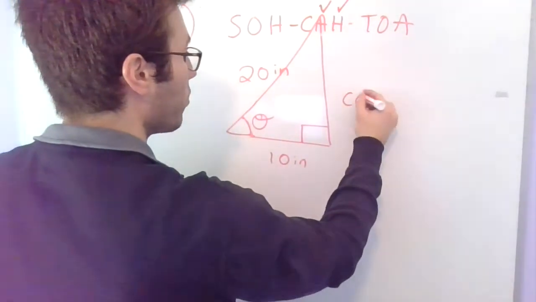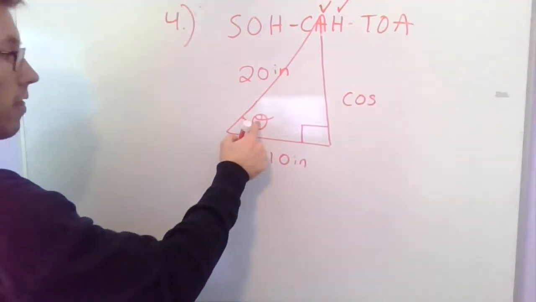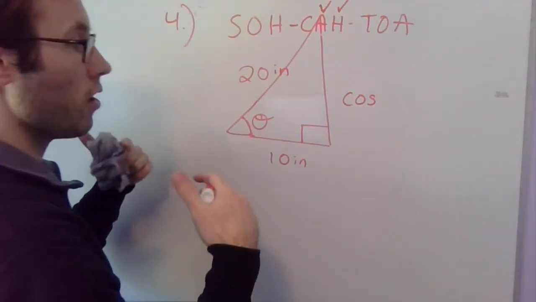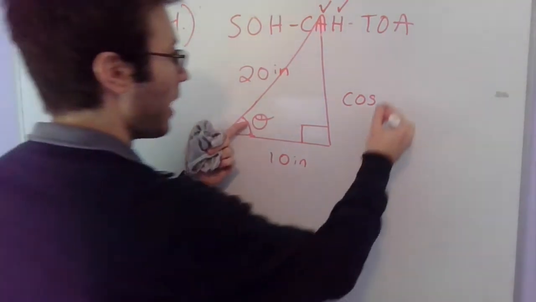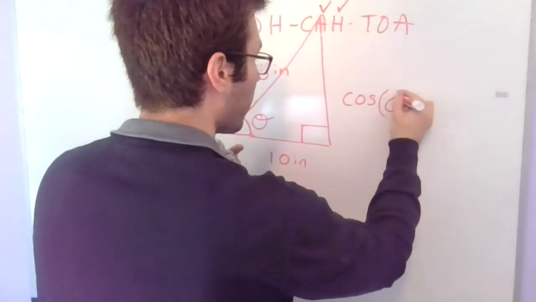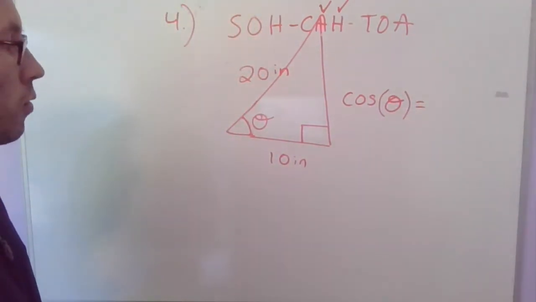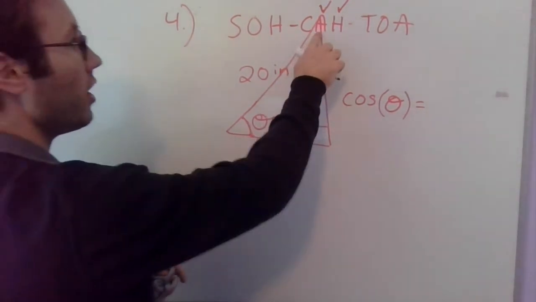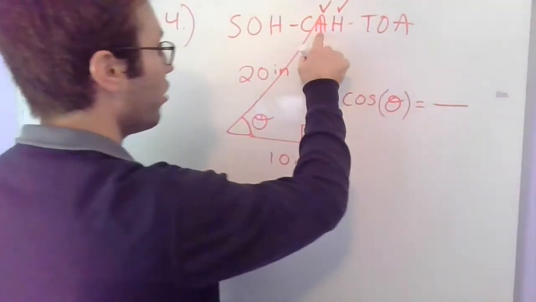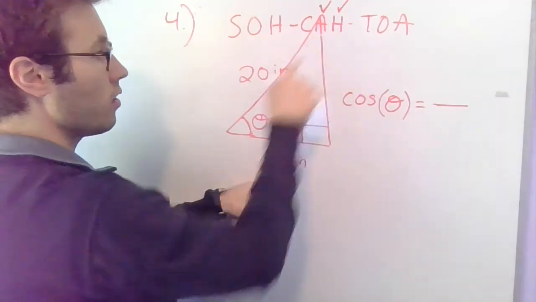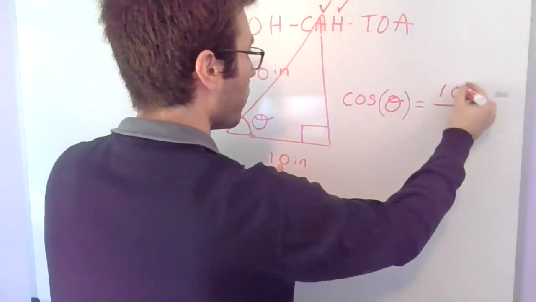So I write cosine. Theta is just some value, the measure of my angle, so what goes inside is just theta. Cosine of theta is equal to adjacent over hypotenuse. The adjacent is 10, so I put a 10 above.